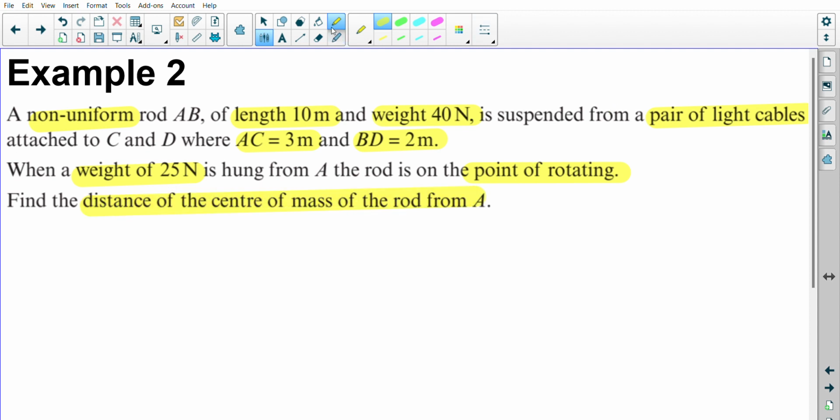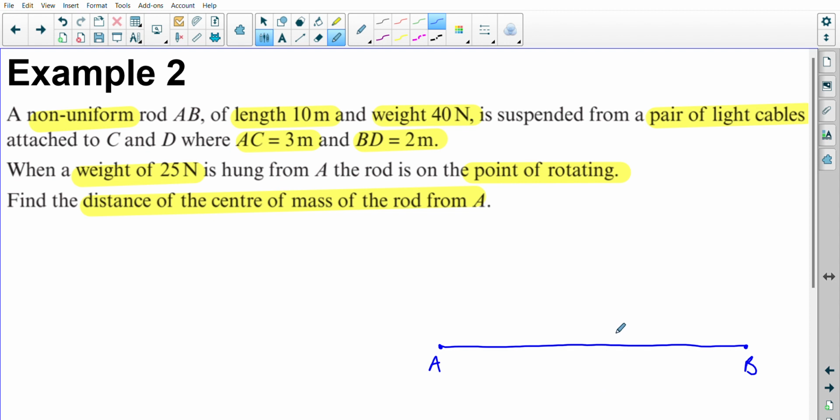Okay, so straight away I don't have a diagram, so I'm going to draw one now. We've got a rod AB. It's got length 10. The weight of it is 40 newtons, but I don't really know where it's going just yet because it's non-uniform, so I'll leave that off for a moment.